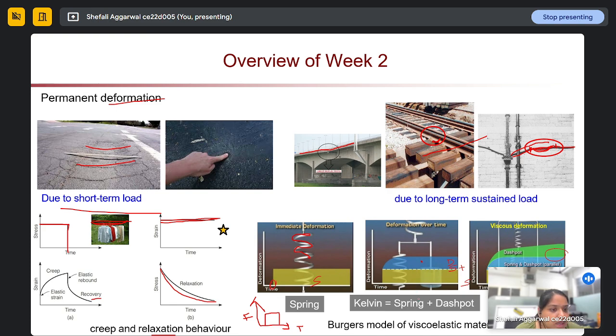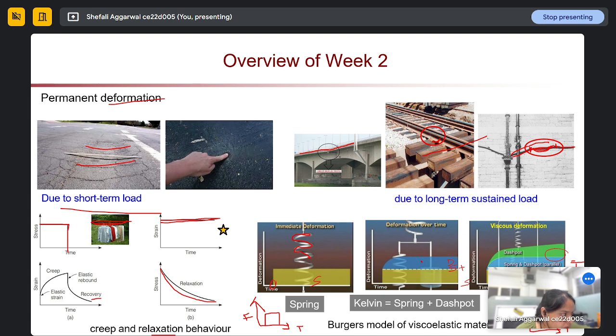Next we will go to the dashpot model. In our dashpot model, there is an attachment, and then we have a dashpot and load is applied. In that case, what is happening? First we will see the force versus time graph. The force versus time graph will be similar to the spring, right?